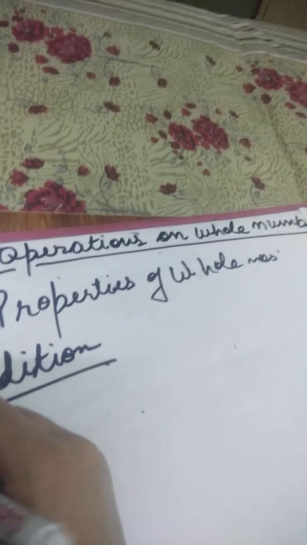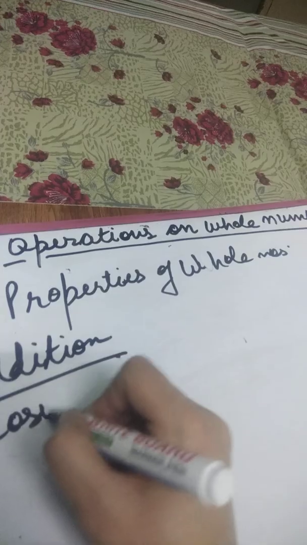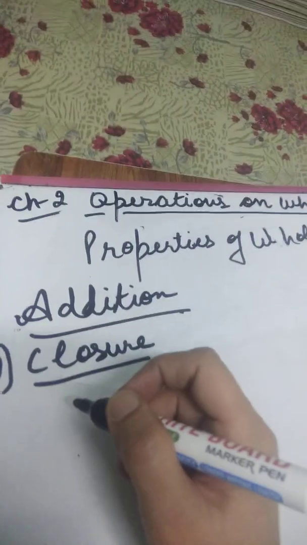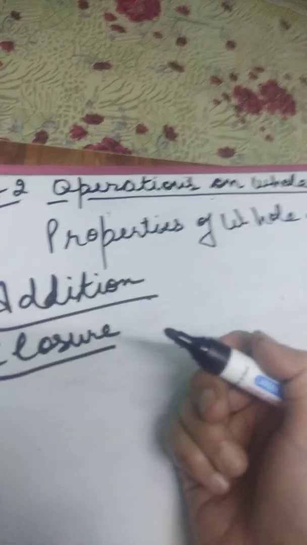The first property that we have is the closure property, which says the sum of any two whole numbers is always a whole number.